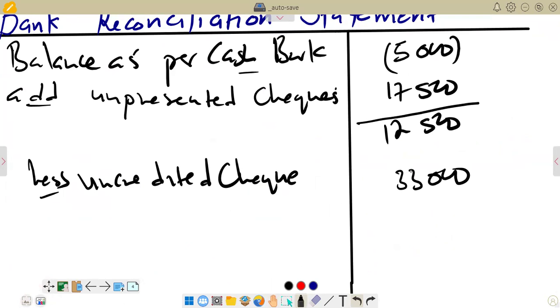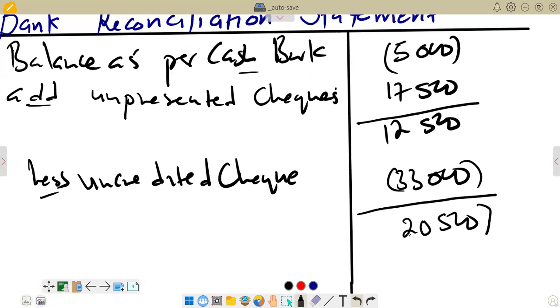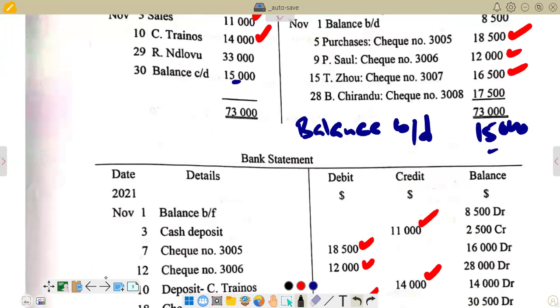Remember, we are saying less, so we are subtracting. So as such, we can subtract them. And if you subtract, you are going to find a negative 20,500, which is a negative, meaning it's a credit balance in the cash book. So this balance that you find here, to see that you've calculated correctly, the 20,500 should be the same as the closing balance of the bank statement in the question.